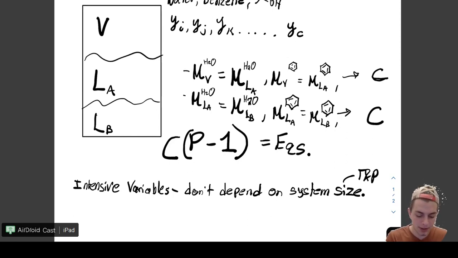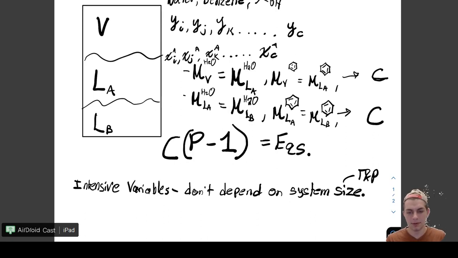And we could say the same for the liquid phase, so it would be X, I, X, J, X, K, and all the way up to all of the components of the system. So we're going to have, again, another C variables there, and C variables here, and then C variables here. And again, the amount of sets of variables that we are going to have depends on the number of phases, and this time it's directly equal to the number of phases.